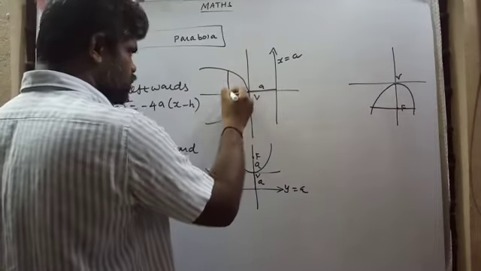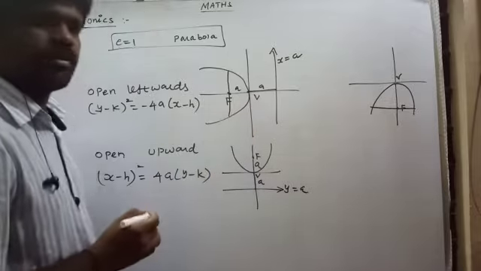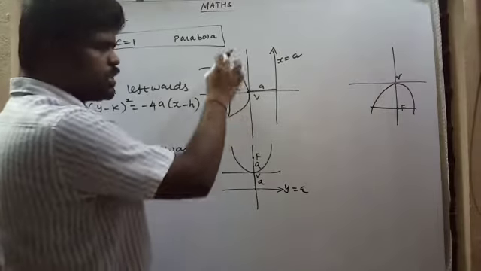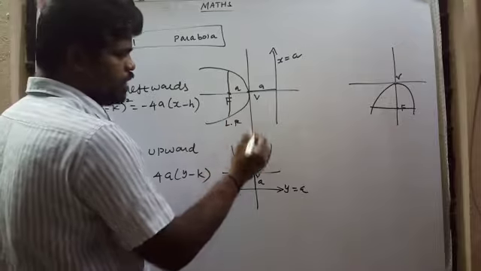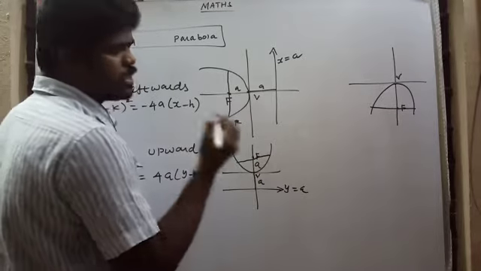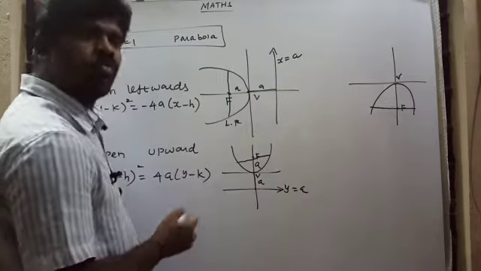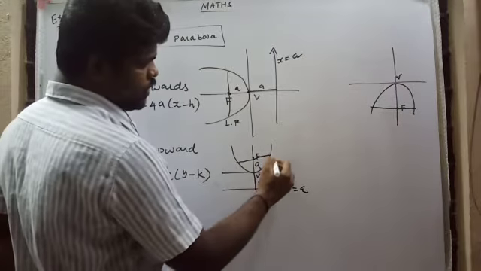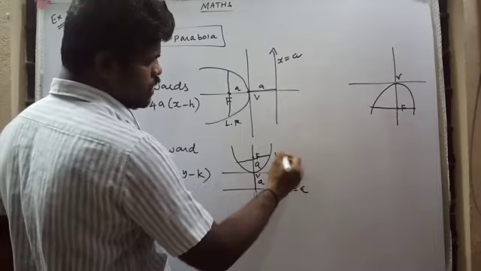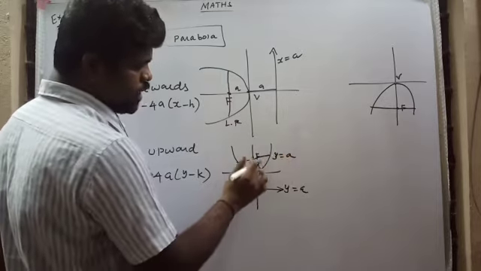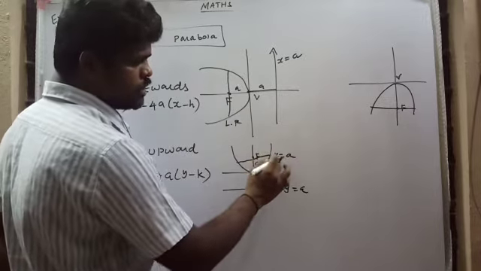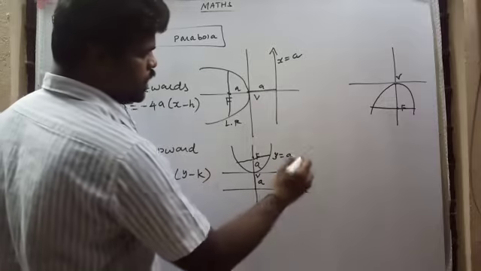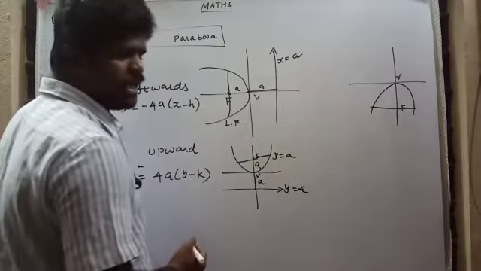The chord that passes through the focus is called the latus rectum. Each parabola has a latus rectum. It passes through the focus, so this is known as the equation of the latus rectum. Here the latus rectum is parallel to the x-axis, so y equal to a and here y equal to minus a.